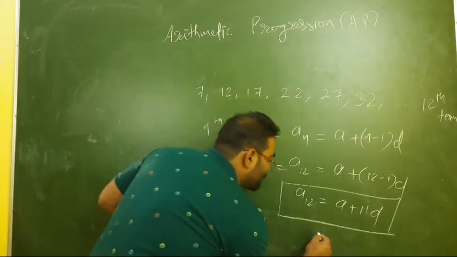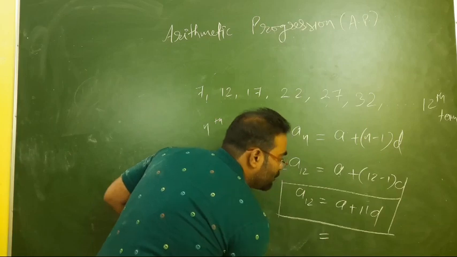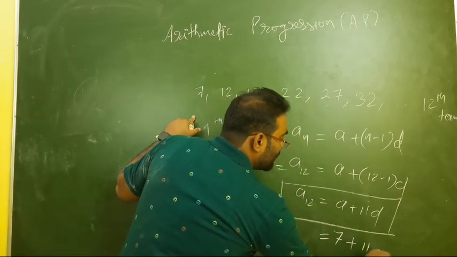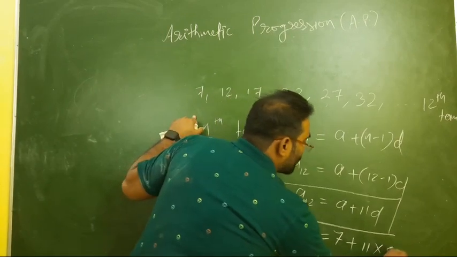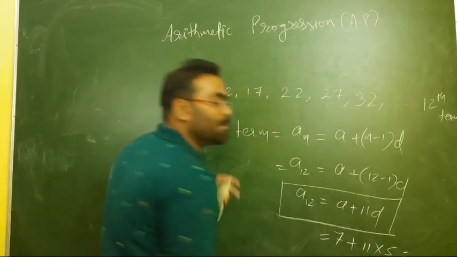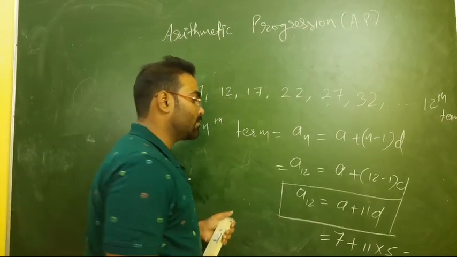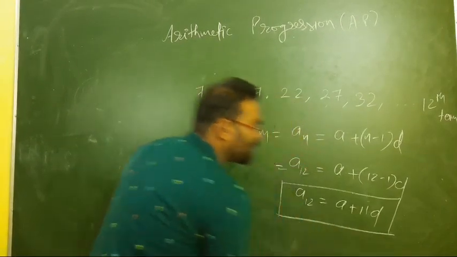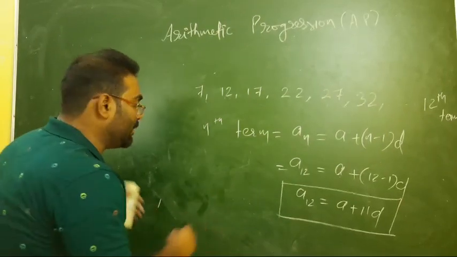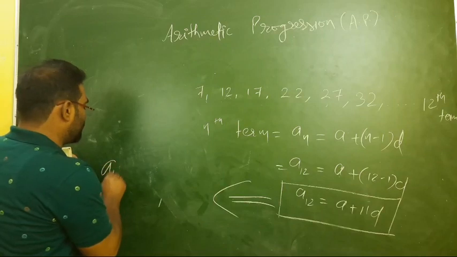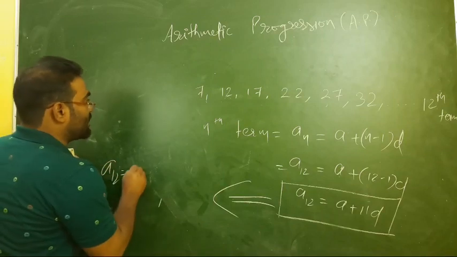So a12 will be what? a is 7, then 11, and what is d? d is 5. So 11 times 5 is 55, and plus 7 is 62. I think you will not be able to see it, so I am writing it here. a12: what is a? 7.